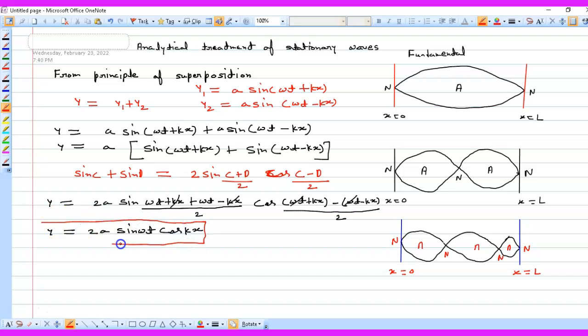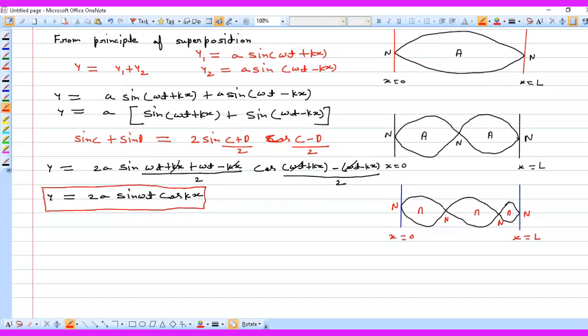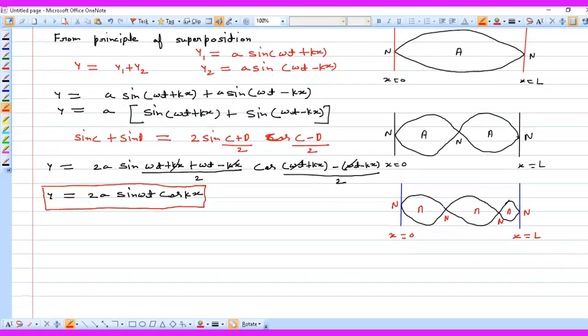Now if we want to calculate the frequency, suppose we consider the point x is equal to L. At x is equal to L, y is equal to 0.